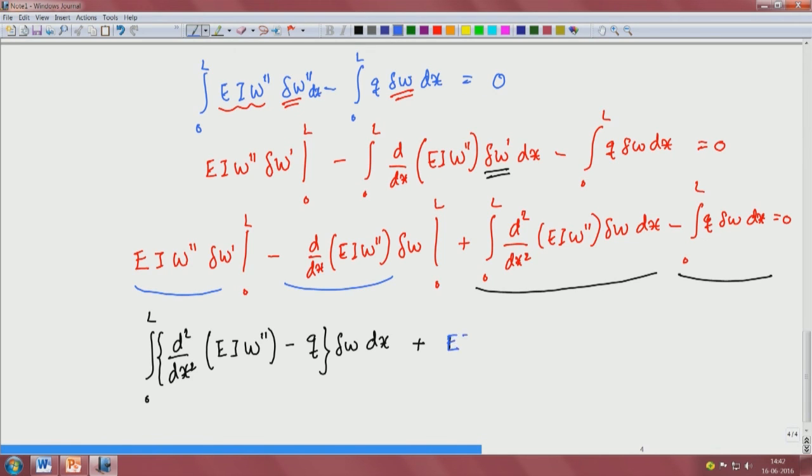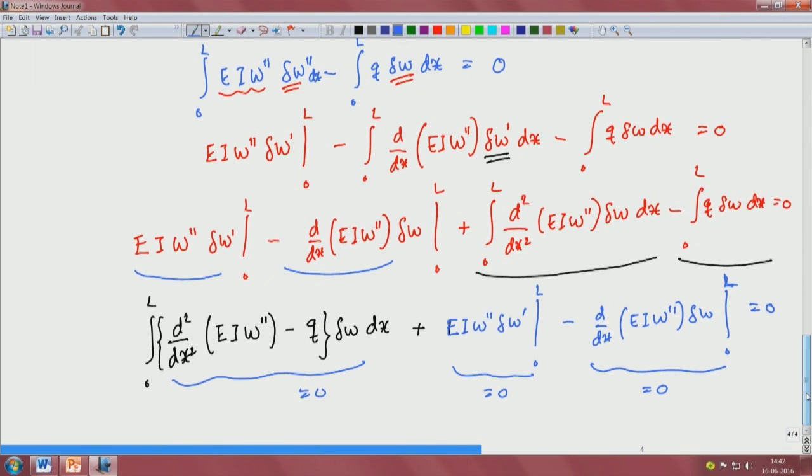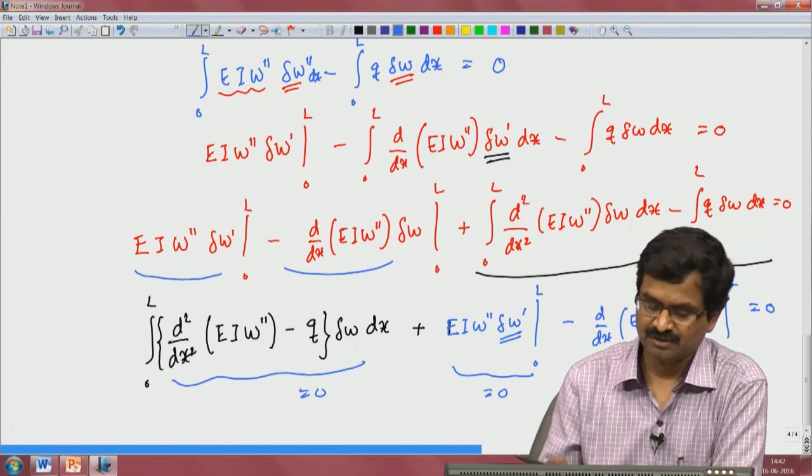So, that will be EI w double prime delta w prime, that is a virtual strain or variation of strain, minus d by dx of EI w double prime times delta w at 0 to L, all of them are 0. So, individually we say this is equal to 0, this is equal to 0 and this is equal to 0, right. Unless somehow delta w prime and delta w are dependent on each other, you can make up problems of that kind, then you have to put them together and say it is 0, otherwise you say individually things are 0, okay.